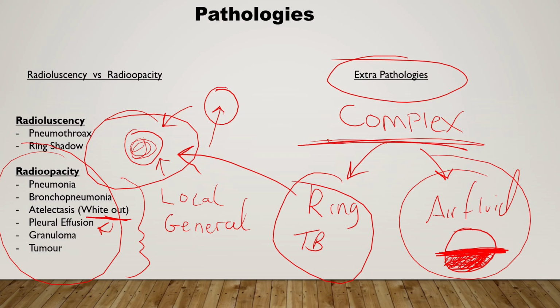So let me just pump the brakes for a second. When you see a pleural effusion, there's going to be something called a meniscus sign. This kind of U-shaped sign, effusion you'll see. That's just because there is no air.